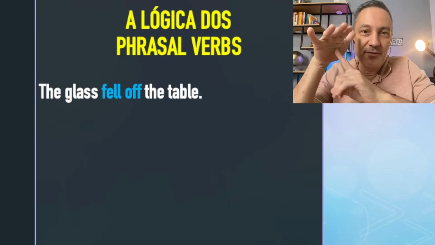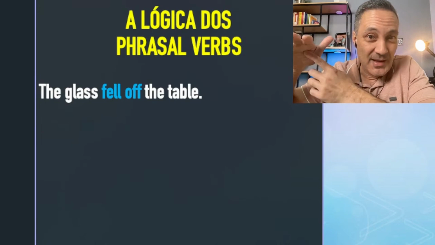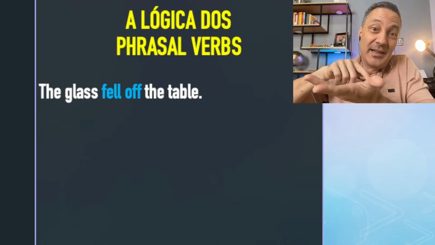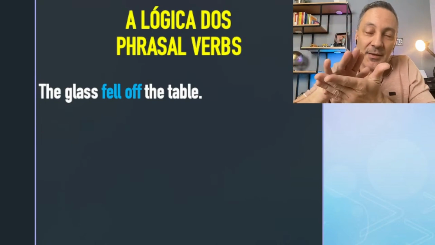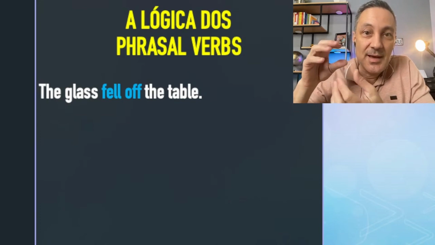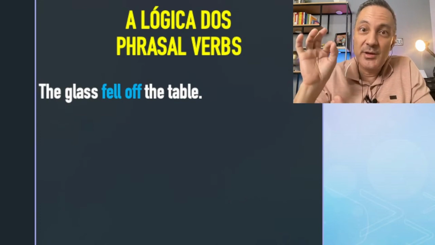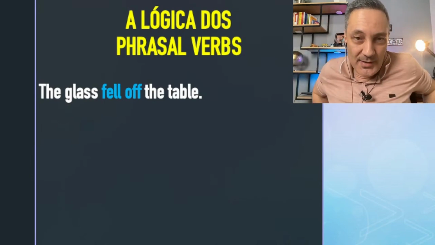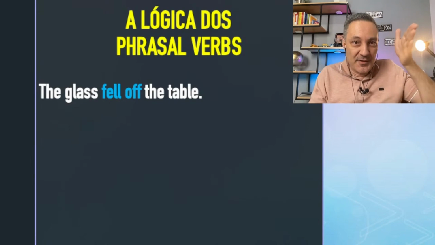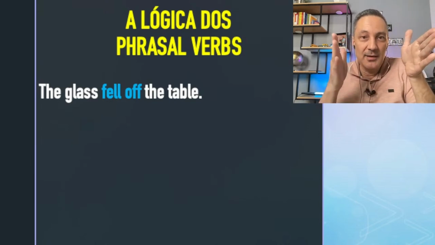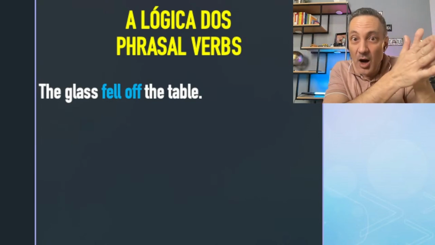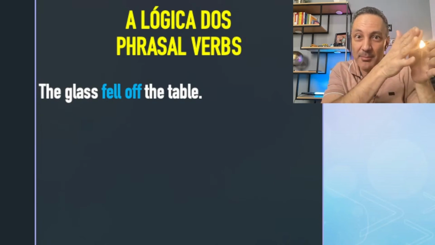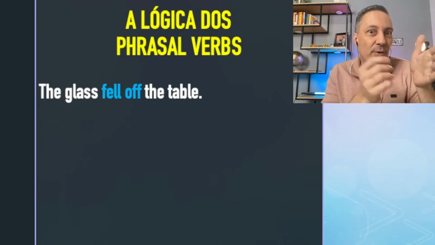So when you have one surface in contact with another surface, this connection is expressed with the word on. The same thing happens in any direction. For example, if this is a wall and you have a picture on the wall, you hang a picture on the wall, we use the word on.